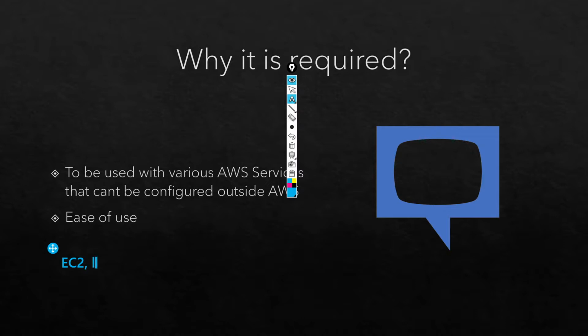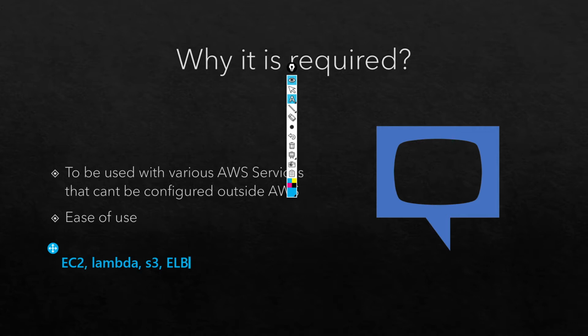Then we have Lambda, we have S3, we have load balancers. We call them Elastic Load Balancer, ELB. So there are a lot of services in AWS that require domain names.